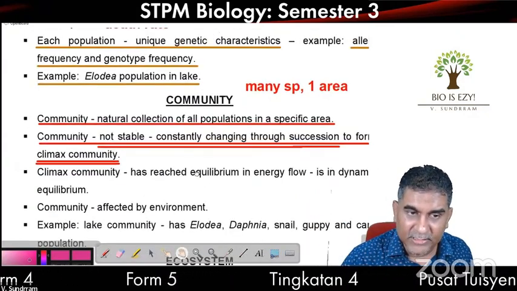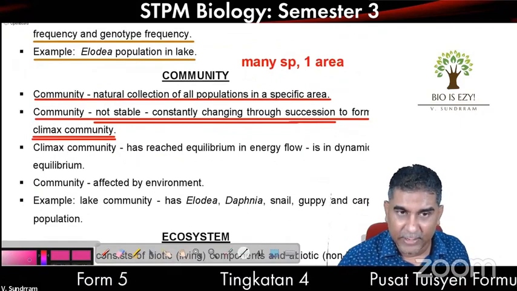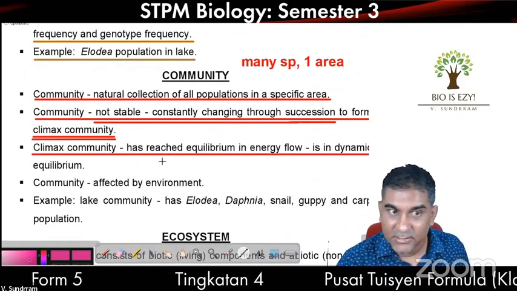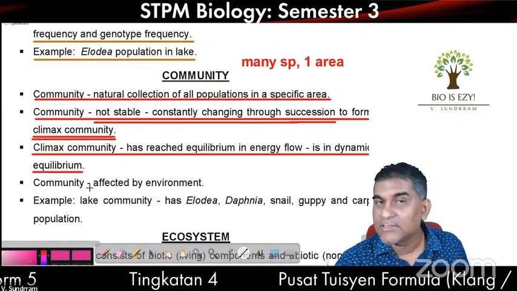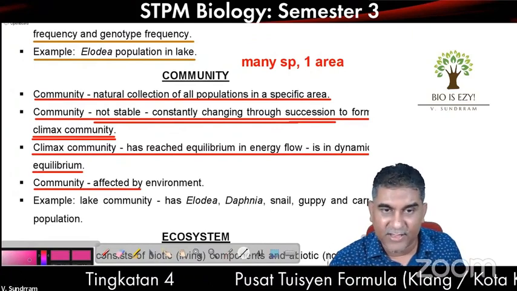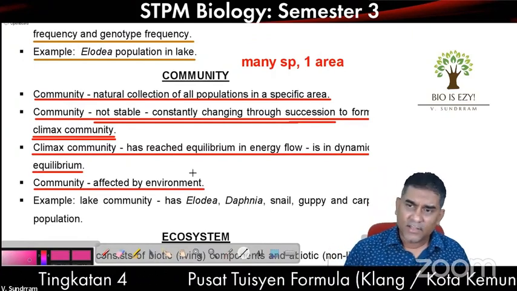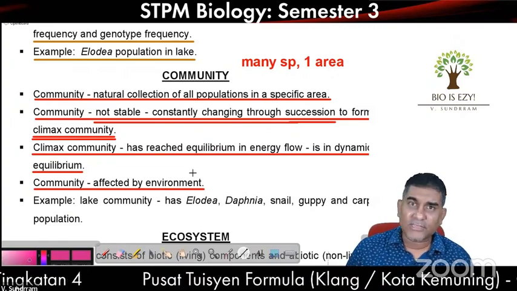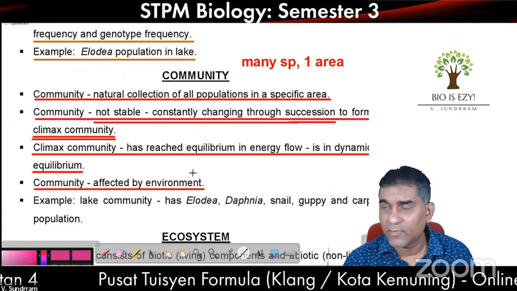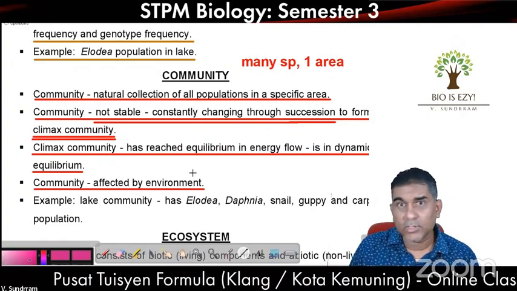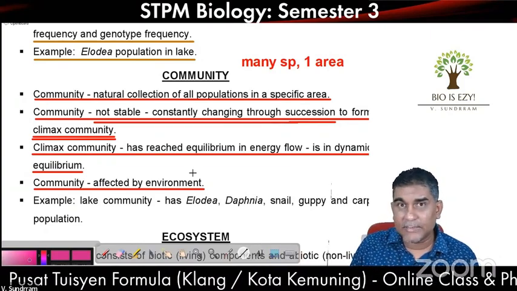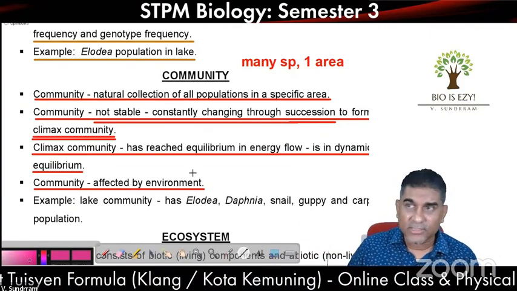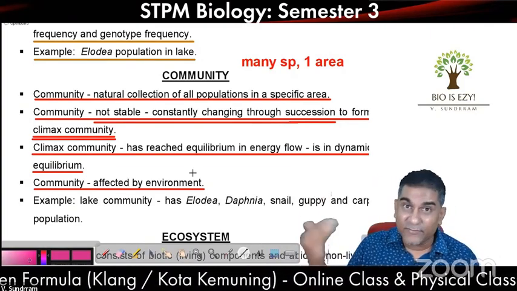Climax community is the stable one, but it's not permanent. Sometimes it can be affected by the environment. Example, tropical rainforest destroyed by forest fire. So the community that used to be stable now has been destroyed. The community has to reform.